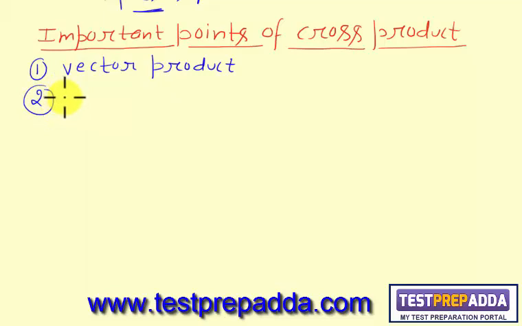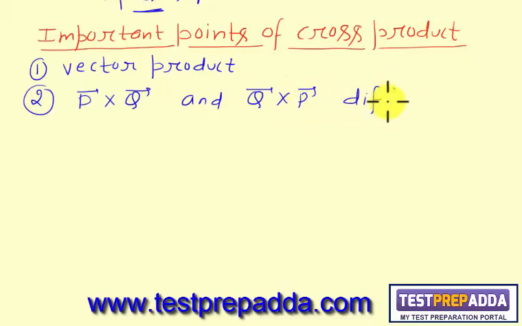Now as we have shown, P cross Q and Q cross P, they have different directions. So they are not equal.